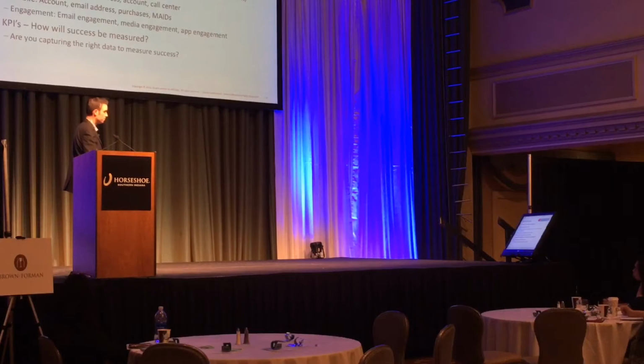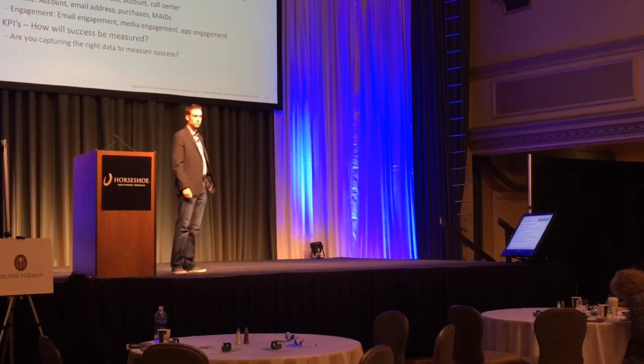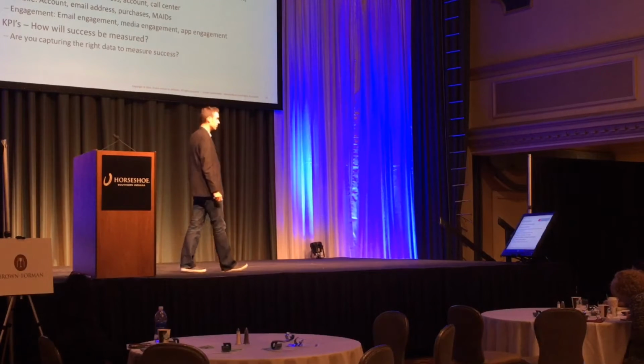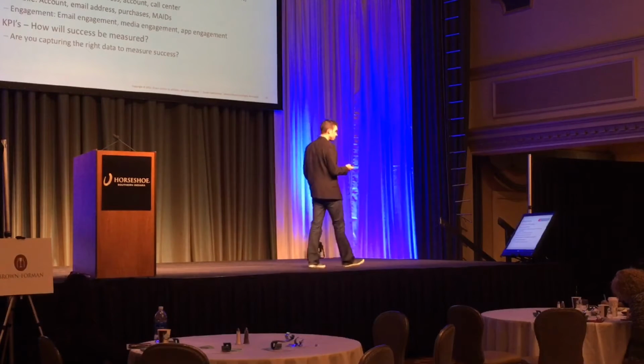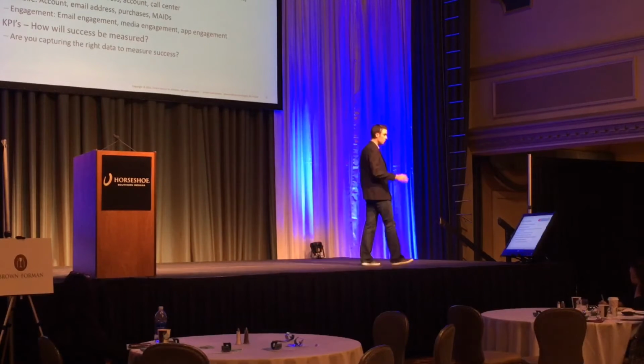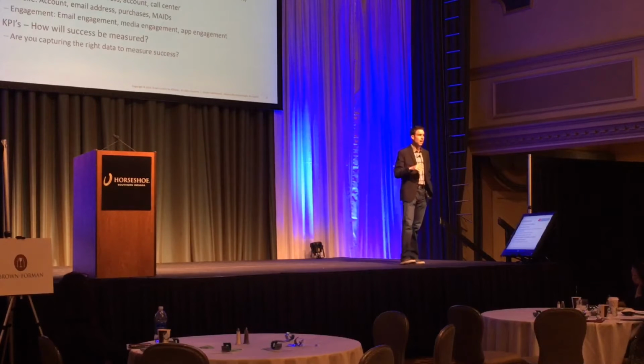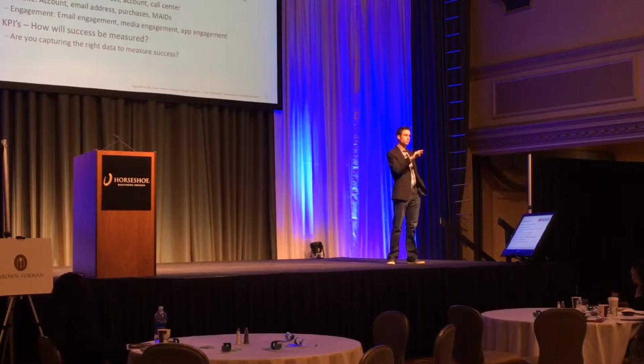Are there different engagement metrics that you want to be tracking? So an email marketer is always tracking opens and clicks. Are there other metrics that you want to be able to capture and bring back into this profile? And then the most important out of all these is, how are you actually going to measure in the end that you were effective?